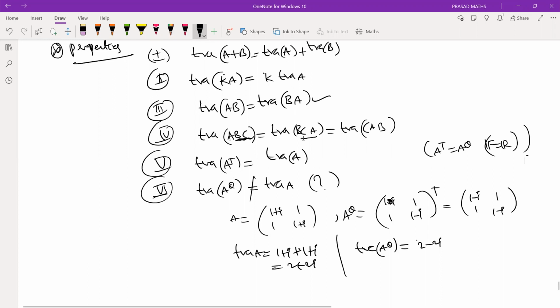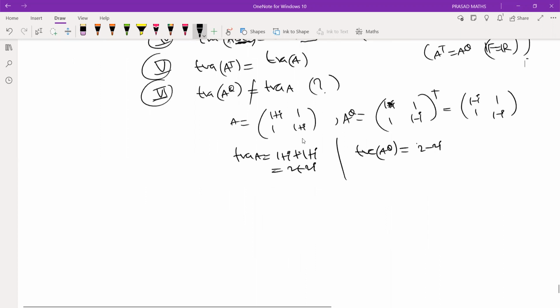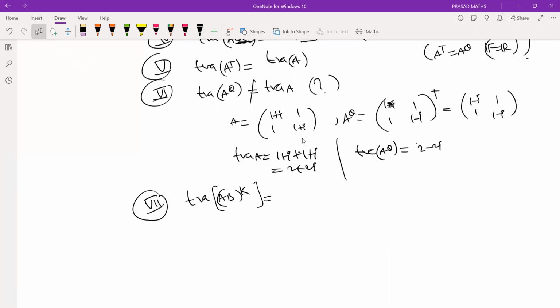Next, trace of AB whole power k, where k is a constant. What is the trace? It is trace of BA whole power k. Why? Because trace of AB power k can be written as trace of AB, AB, AB, AB.